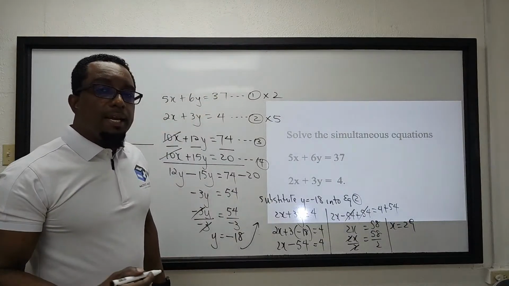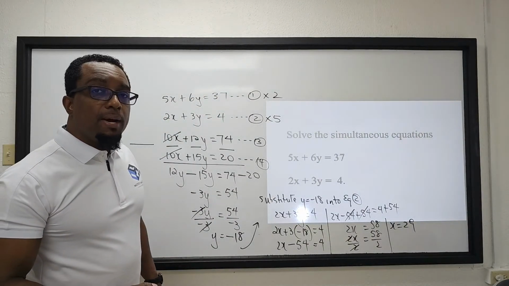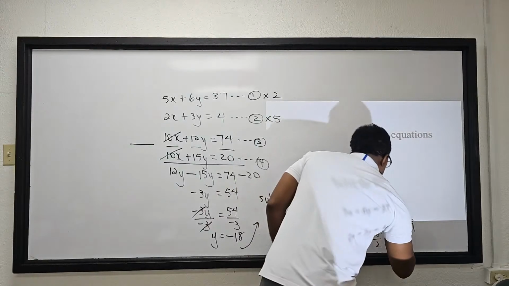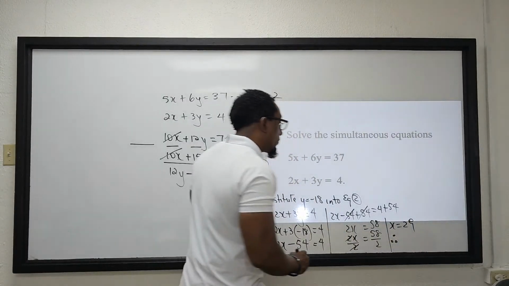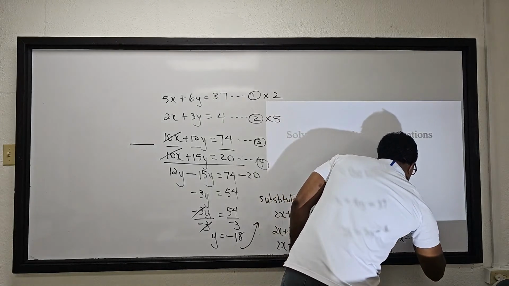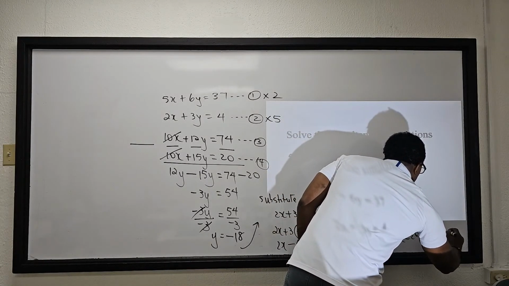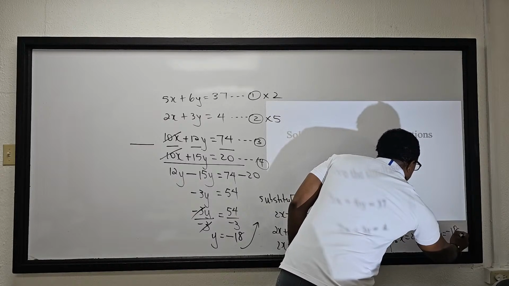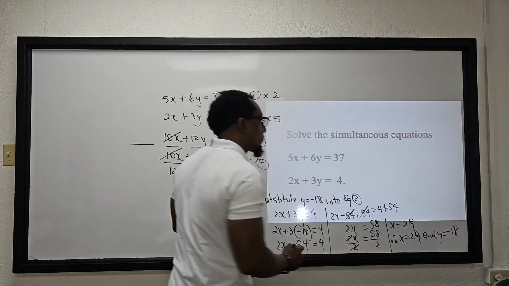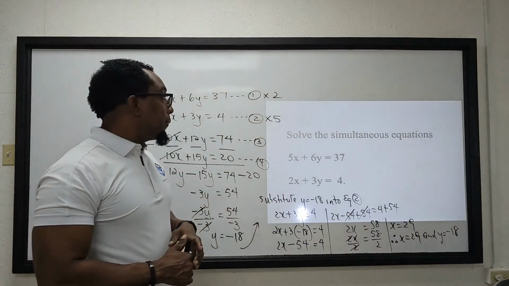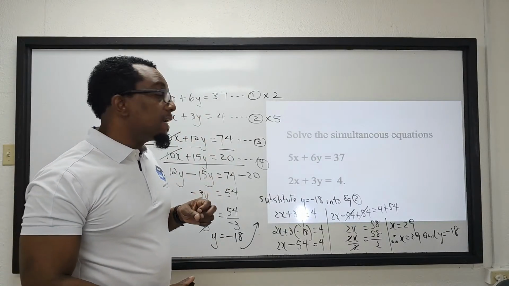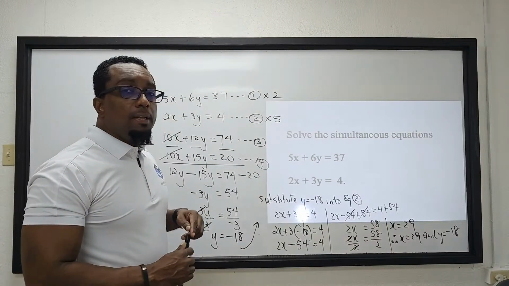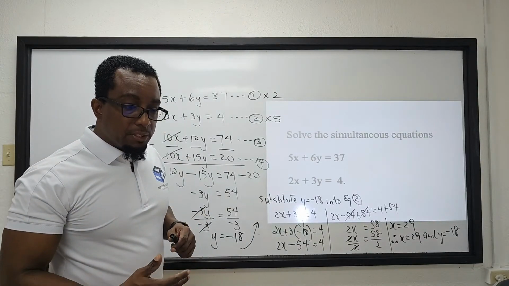So I can state at the end after I found my value for x and y, therefore x is equal to, my 3 dots there means therefore, x is equal to 29 and y is equal to negative 18. So solving the pair of linear equations simultaneously using the method of elimination.